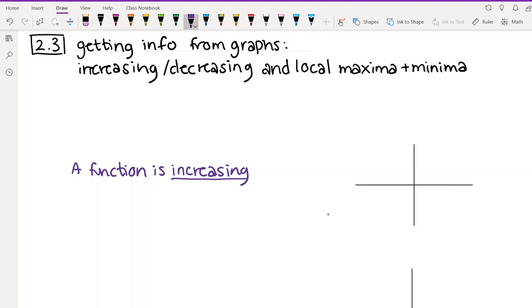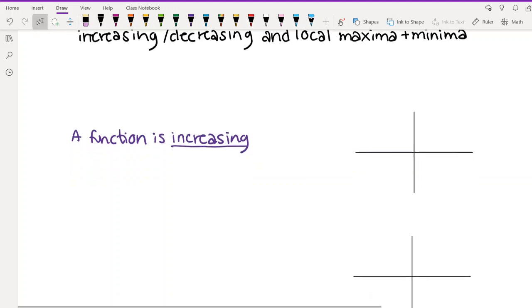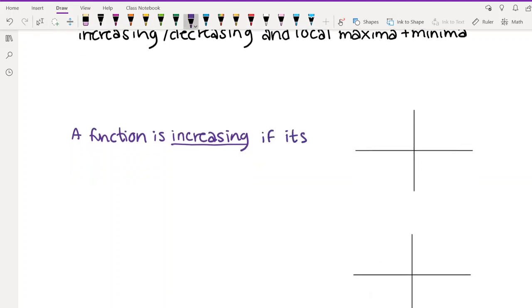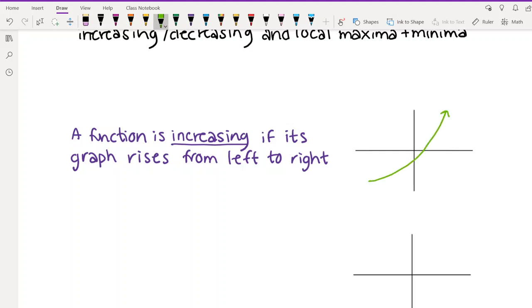The word I'll write down is if its graph rises, but rises just means is going upward, from left to right. Because when we're reading a graph, you should be going from left to right, because that's how the number line works. And so what might an increasing function look like? Well, it could look something like this. This would be an example of a function that is increasing because as you move from left to right, we see that the graph is going upward.